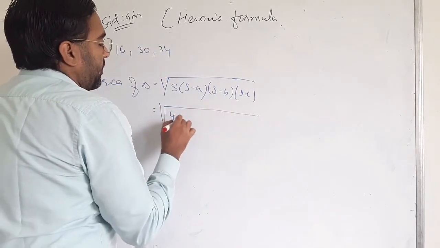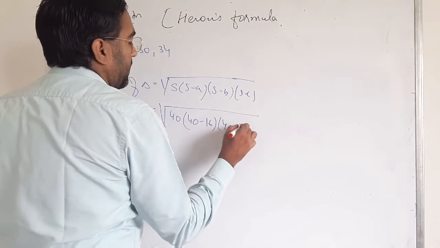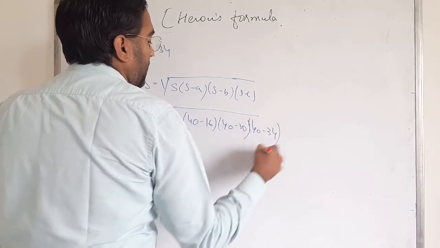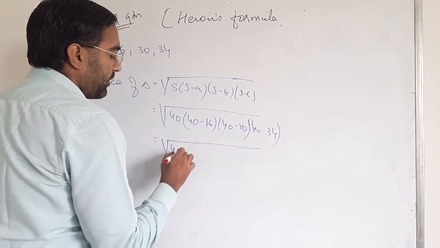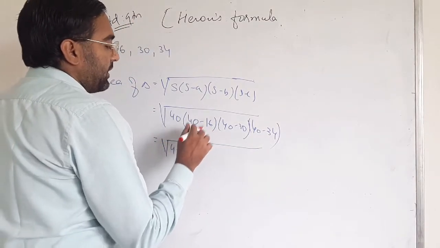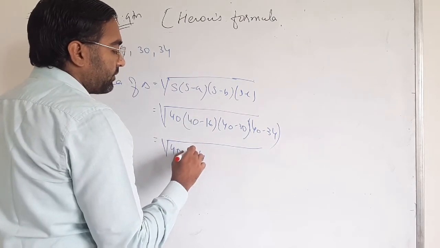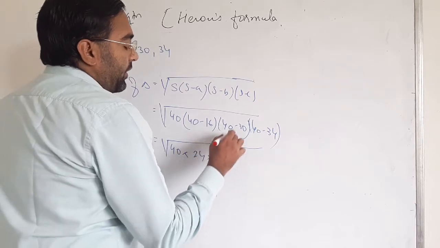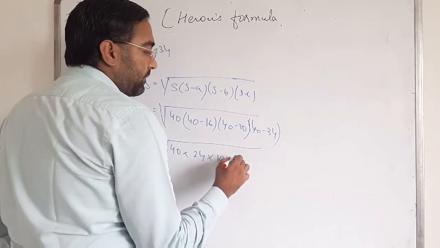So I'll take 40, 40 minus 16, 40 minus 30 and 40 minus 34. So 40 into 24, 10 and 6.